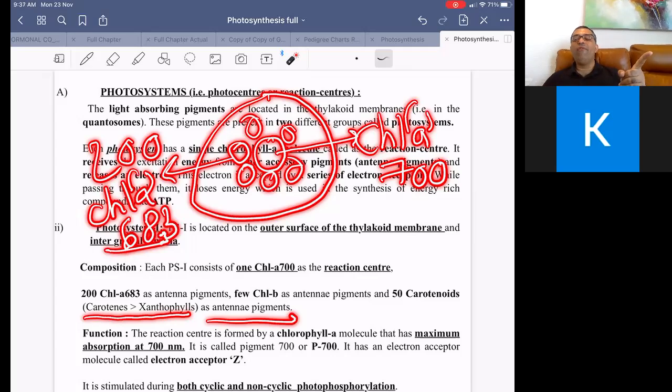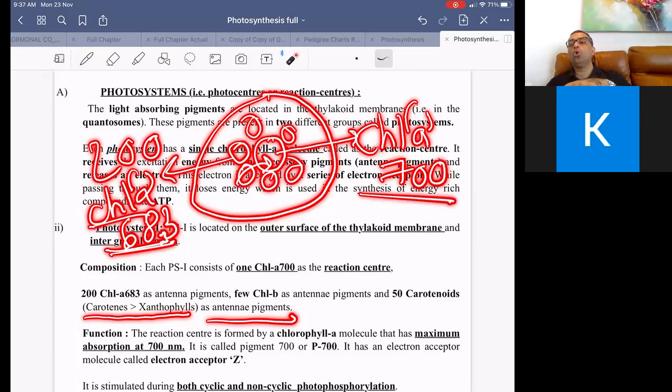By the way, where will the electron go from chlorophyll A 683? It will go towards chlorophyll A 700.